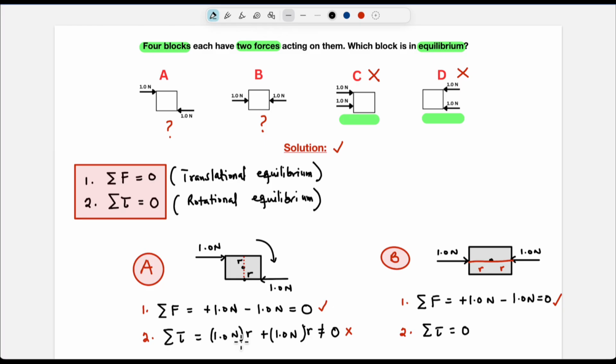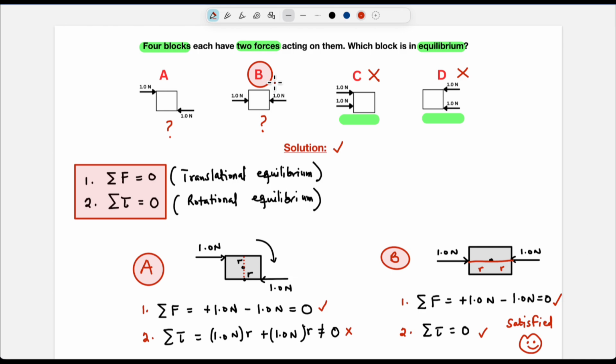So that is going to give us some torque. So in this case, we can see that for block B, the condition for static equilibrium is satisfied. So with that, we say the correct answer is option B.